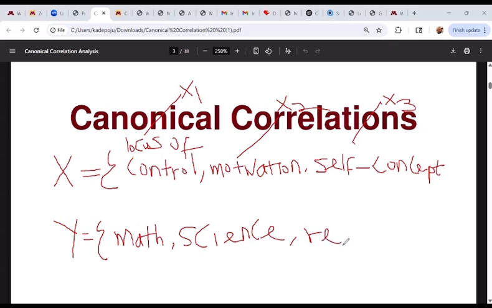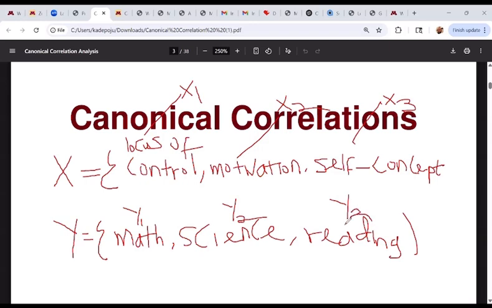So this is Y1, this is Y2, and this is Y3.